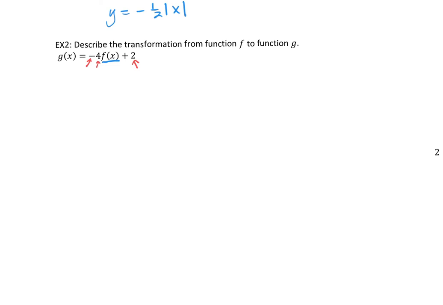So we would describe this as a stretch. Well, actually, since it's on the outside, we should say a vertical stretch. So we're going to stretch this vertically by a factor of 4.